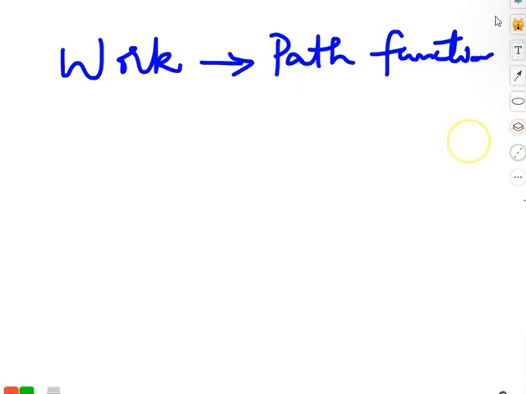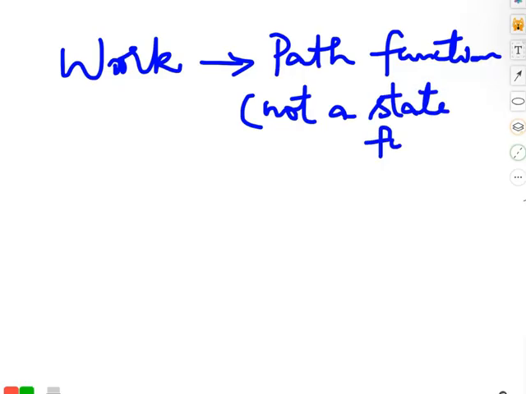Earlier we mentioned that work and heat are affected by the path. Work depends upon the path which is followed. Let's try to understand this a little more deeply.